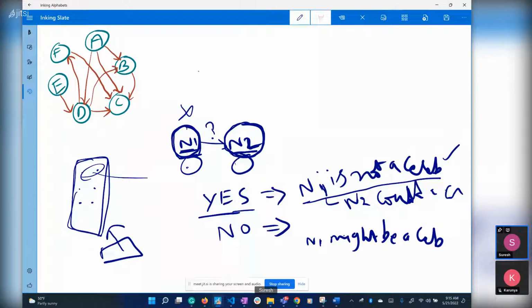And another very important piece of information: N2 is not a celebrity for sure, because N1 doesn't know about N2. The celebrity definition is that everyone needs to know about that guy. You understood? So in this first situation, N1 is not a celebrity because he knows someone. In the second situation, N2 is not a celebrity because he is not known by another person in the group.